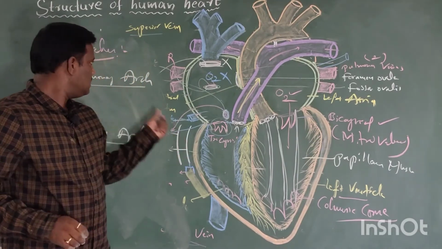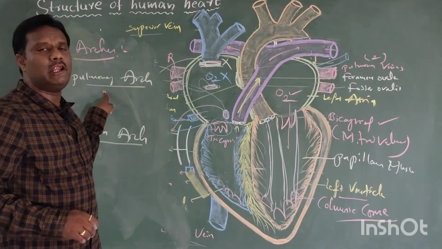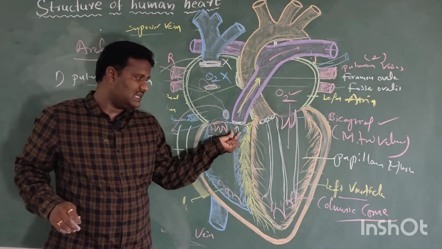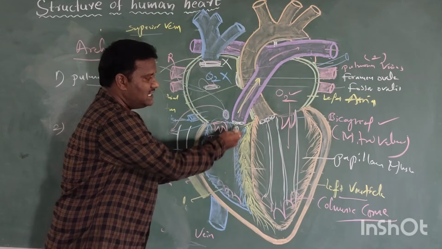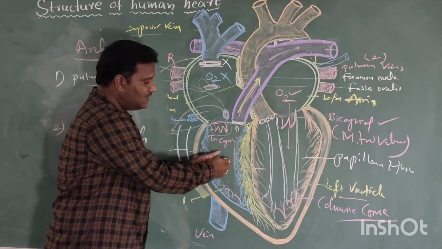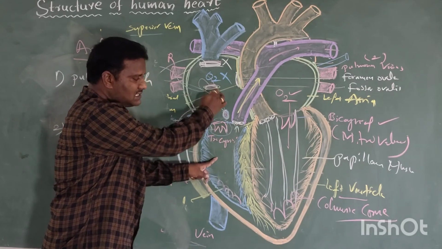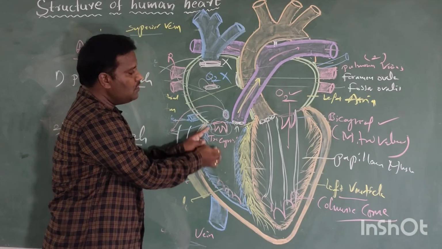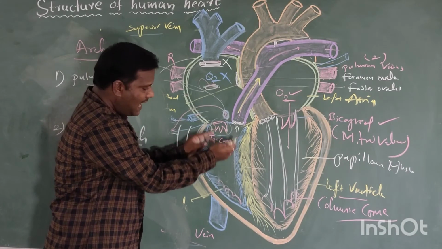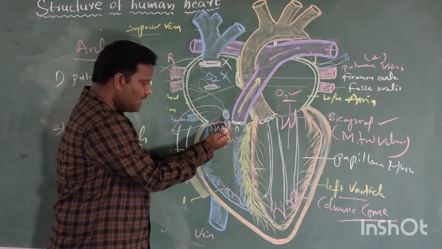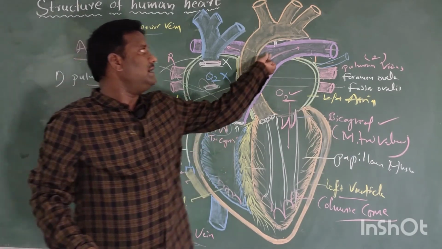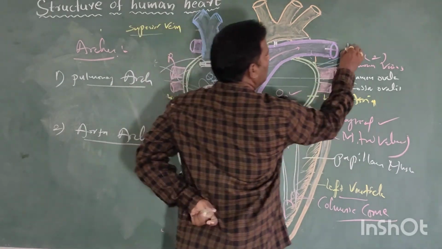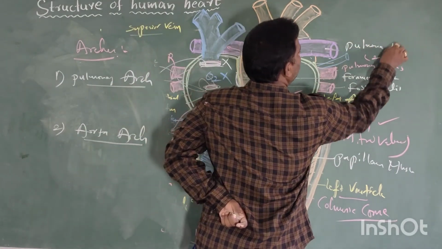Now we can see the pulmonary arch is mainly located starting from the right ventricle. In the right ventricle, deoxygenated blood comes in, and whenever it enters the right ventricle, the waste blood directly enters the pulmonary arch.